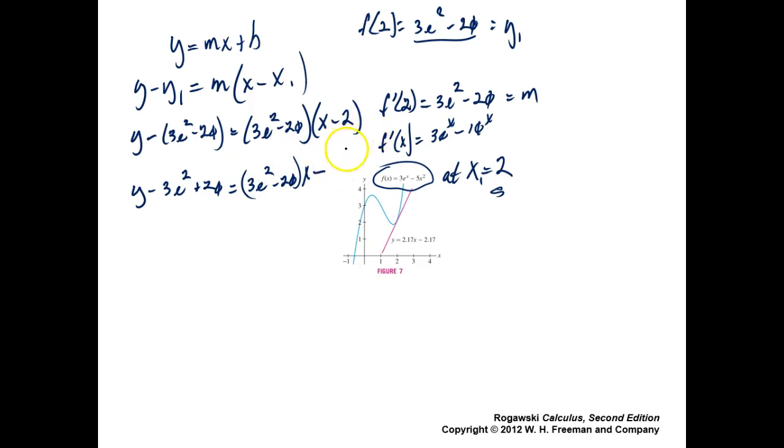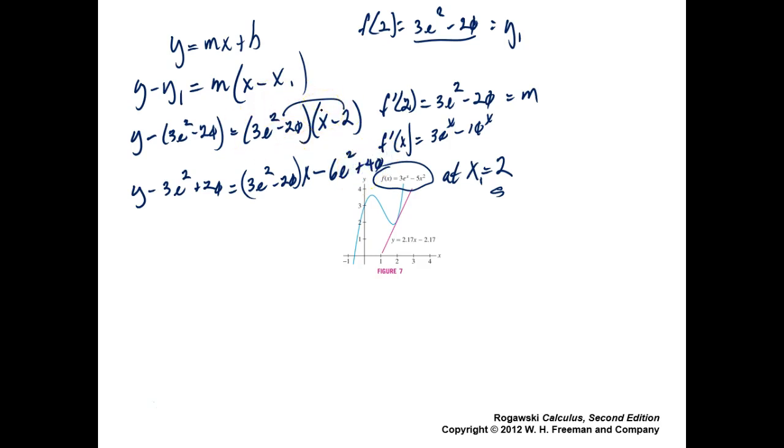That would be what? This times that. 6e squared. Plus 40. Does the minus change the sign?